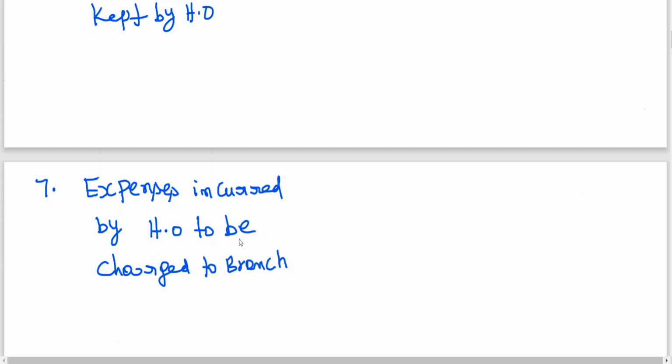That means branch expenses we have incurred, the entry: debit branch expenses. I am creating. Actually, to explain this, they'll be writing like this: expenses to cash.